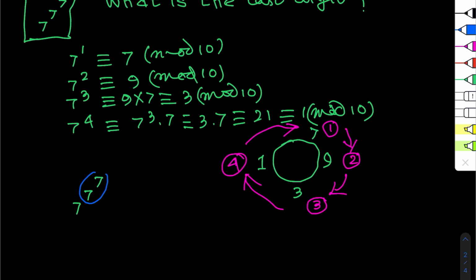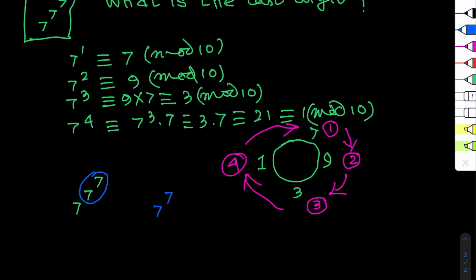The power of 7 is also 7 to the power 7. So we have to find out what will be the position of 7 to the power 7 in this remainder cycle.